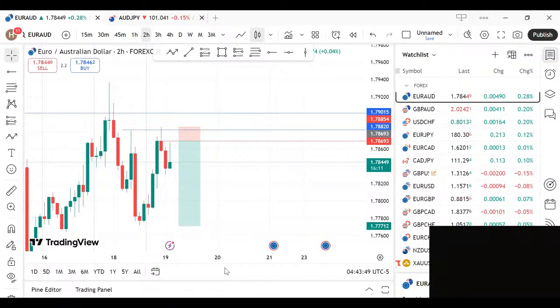Which other pair do you want us to trade? We'll stop this live stream by 11 a.m., so we still have time to trade more pairs. I have two people joining me on this. Where is the second person? Which pair do you want us to trade? GPJPY, we've missed the entry for today, except price retraces for us.